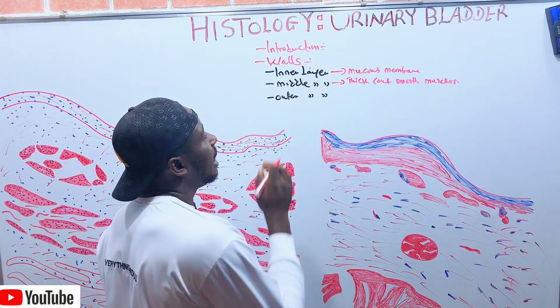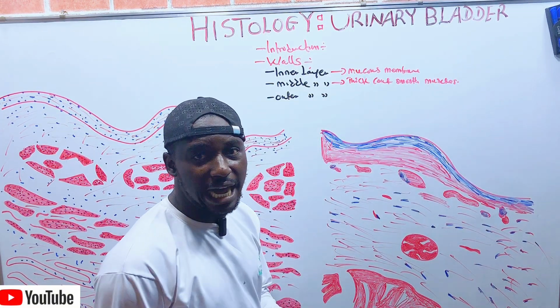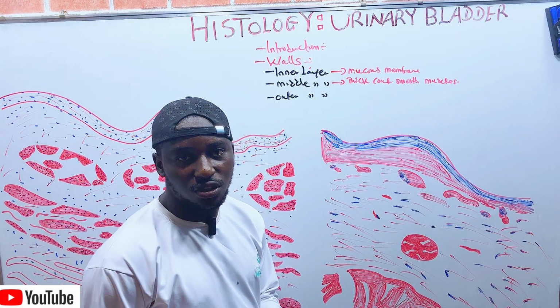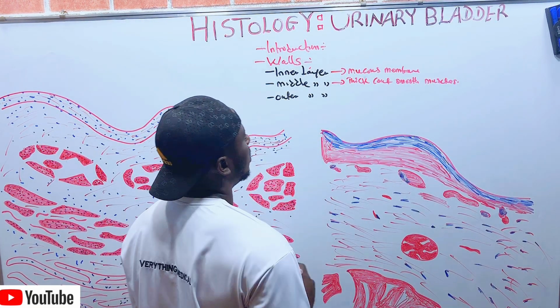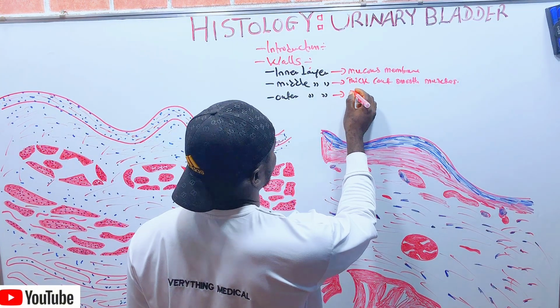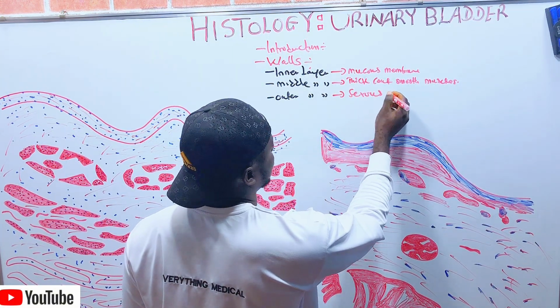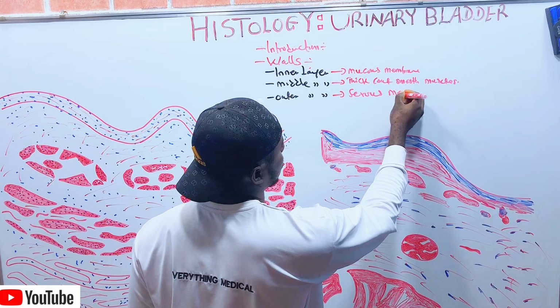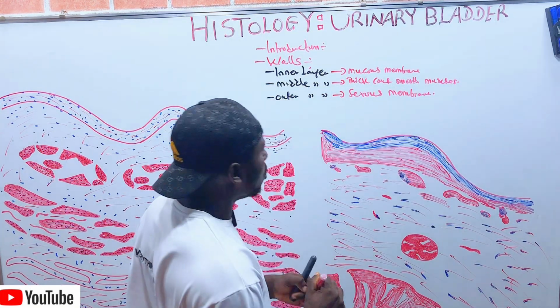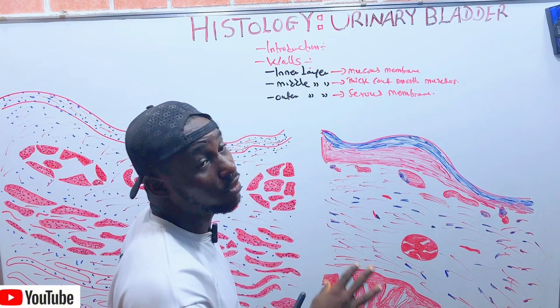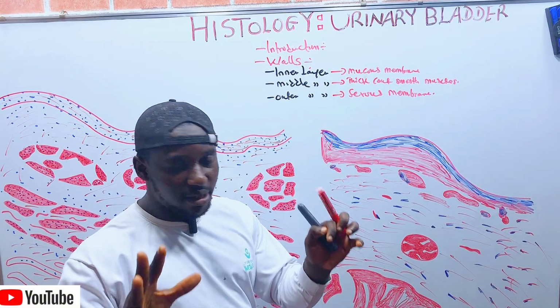Now, the outer layer is formed by the serous membrane or the serous layer. So these are the layers that form the walls of the urinary bladder.